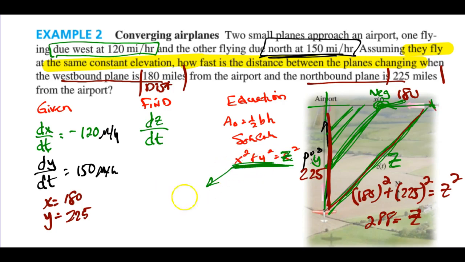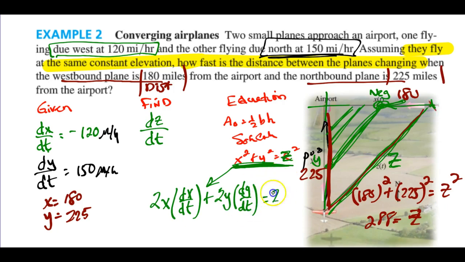So the derivative of x squared is 2x dx/dt, plus the derivative of y squared is 2y times dy/dt, and the derivative of z squared, well, you guessed it, 2z dz/dt.